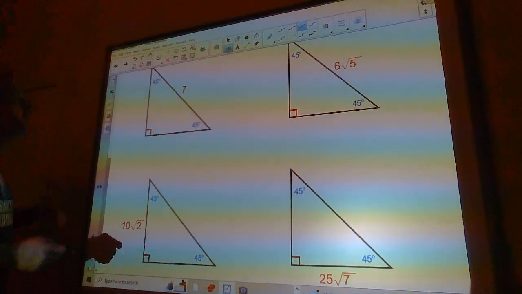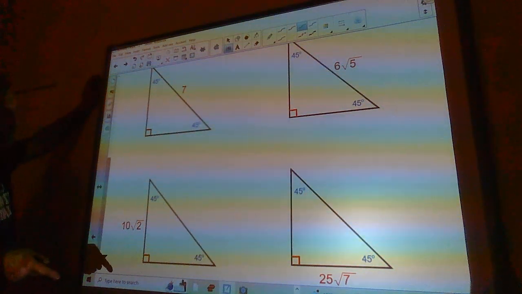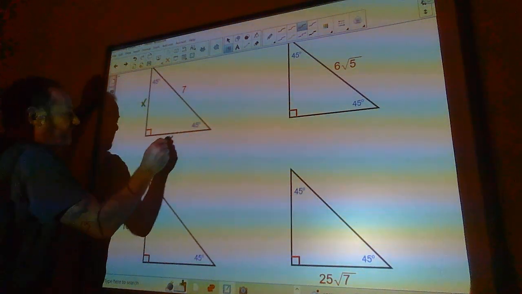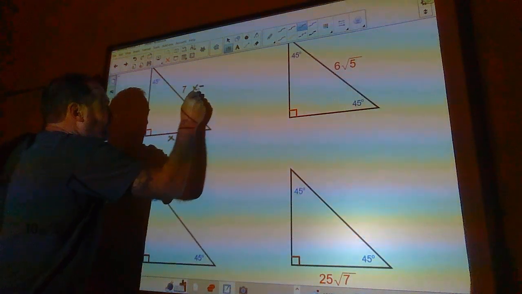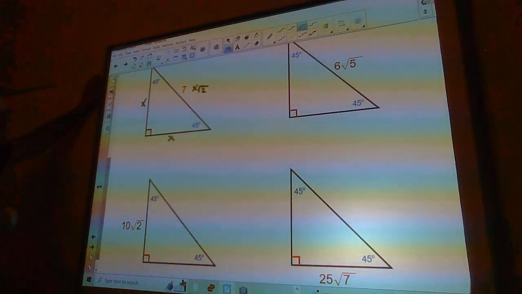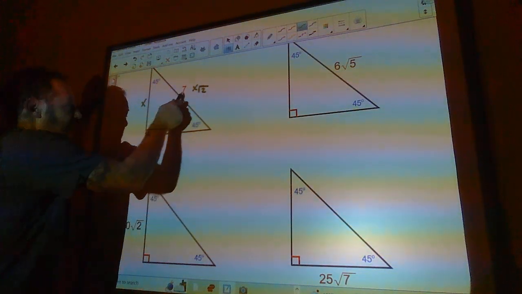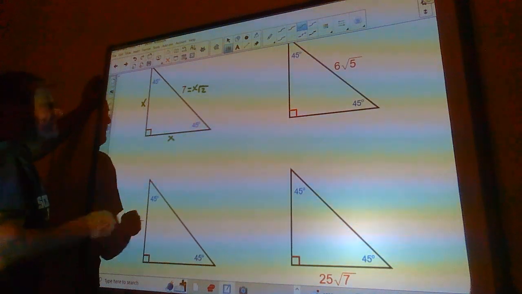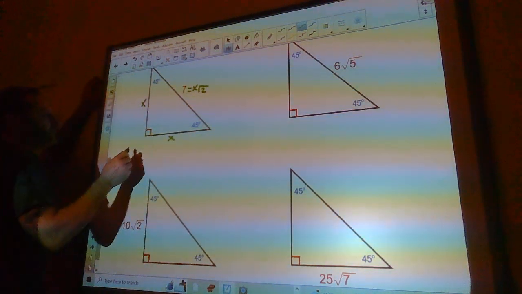Okay. So now these were trickier ones than what I gave you before. Remember, you got to write down the sides: x, x, x square root of 2. Okay. So that tells me if this side's 7, that equals x times the square root of 2. I need to divide both sides by square root of 2.